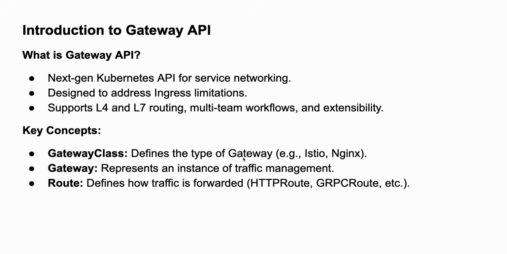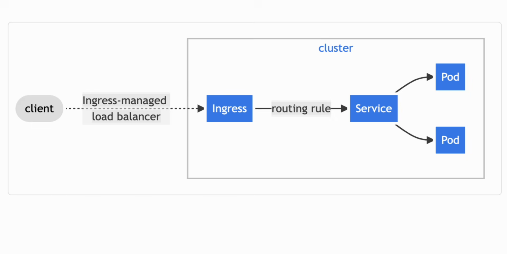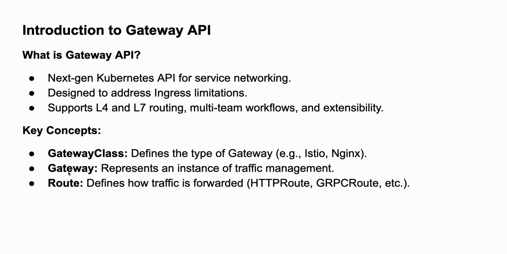Then after defining the GatewayClass, we have Gateway. Gateway represents an instance of traffic management. You can consider this as a pod or an instance which will act like an Ingress controller, running in front of the service, and it will be the backbone communicating between the user and a particular service.